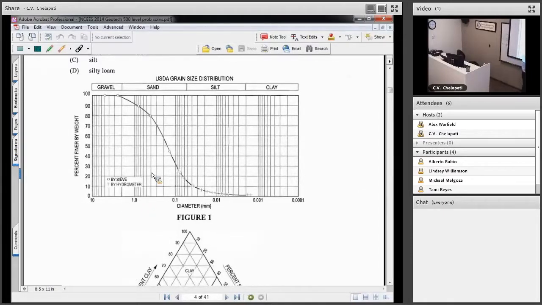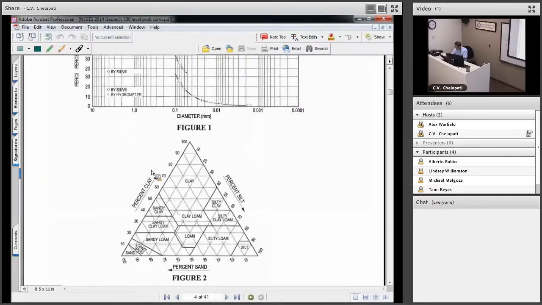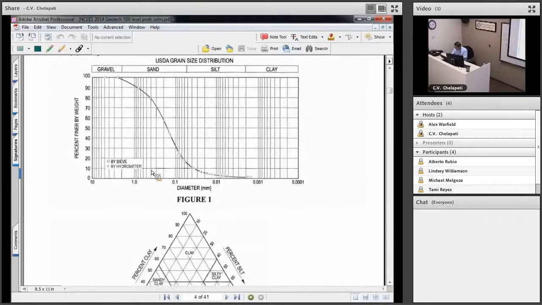And then the silt sizes are here to here. Oh, I'm getting feedback from the fan. Silt's here to here, and then clay. So you can get those percentages off the chart. And you can see that you got 17% silt, 1% clay. So sand, 80%. Silt is 17%, and this is silt here, something like that.